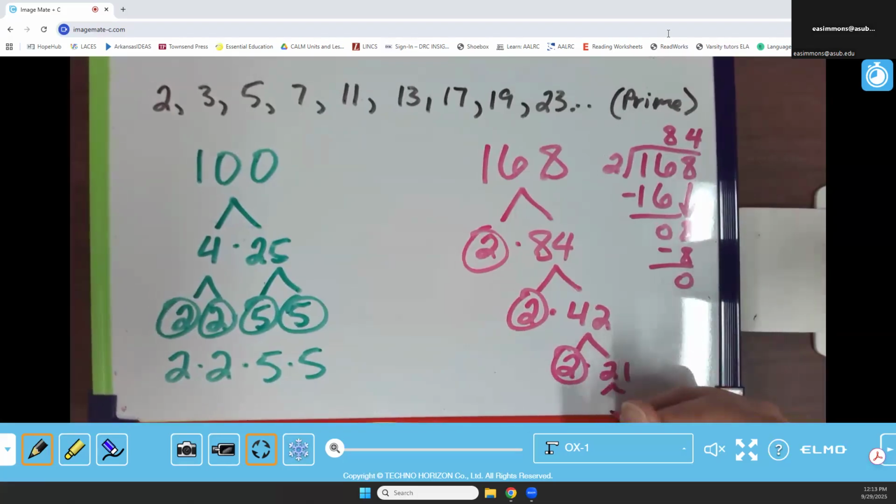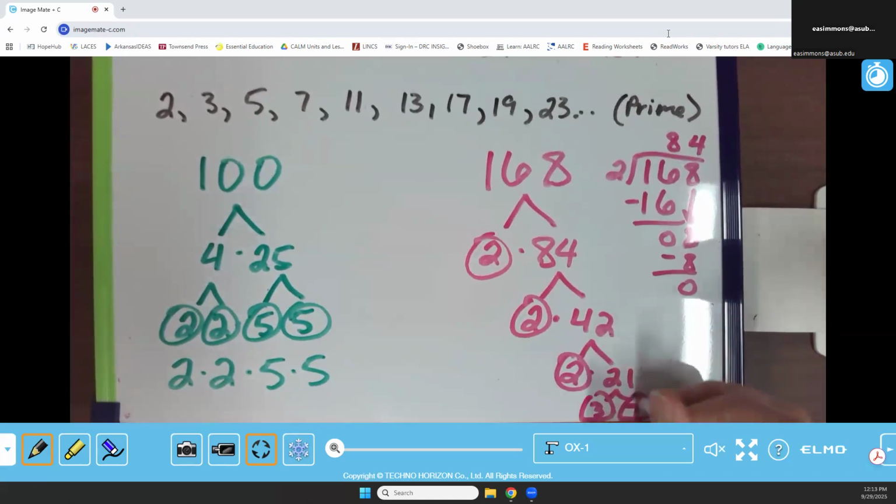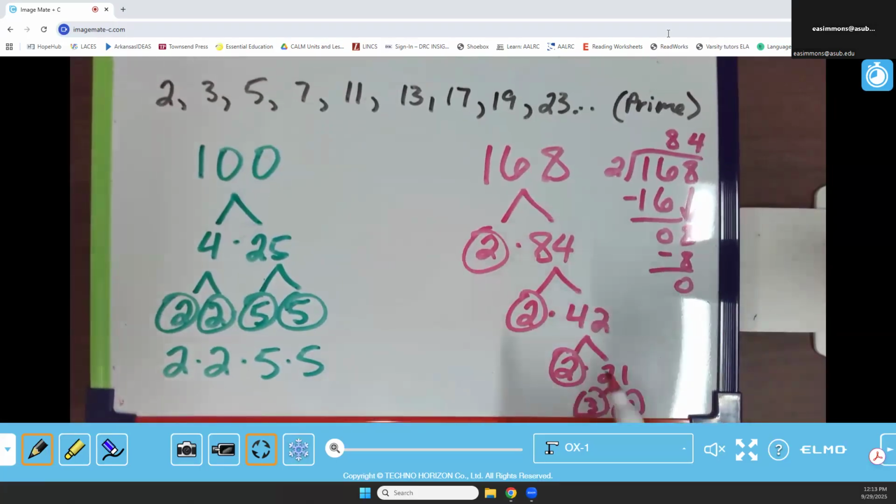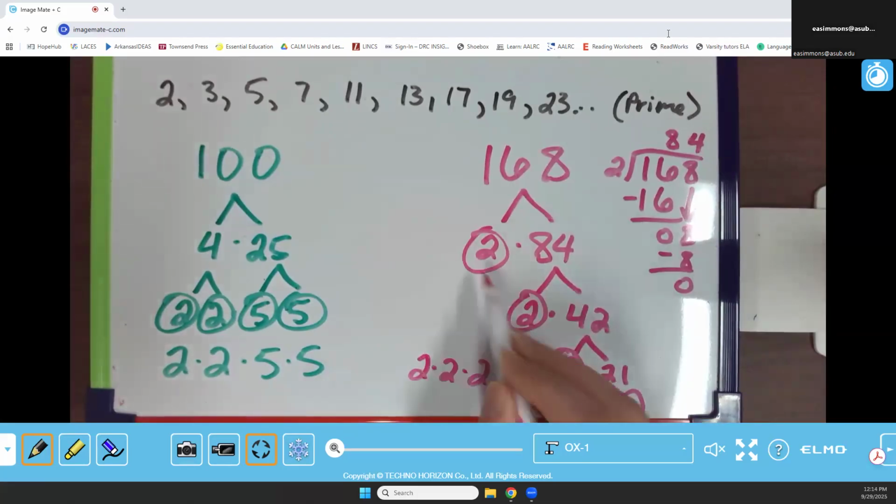And 21 breaks down into 3 times 7. 3 is prime and 7 is prime. My prime factors for 168 are 2 times 2 times 2, the three 2s, times 3 times 7.